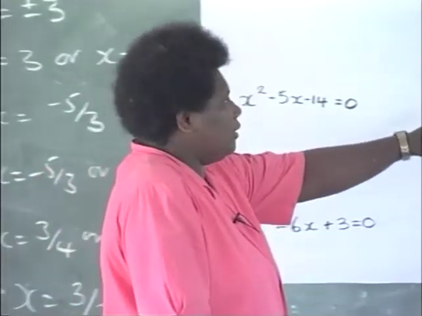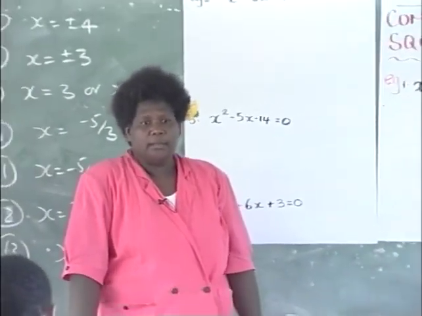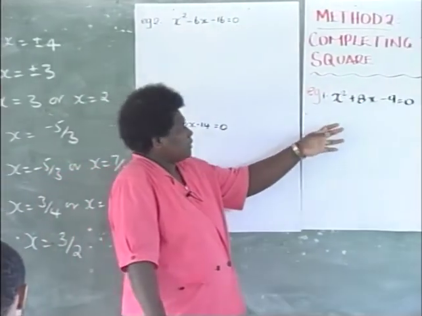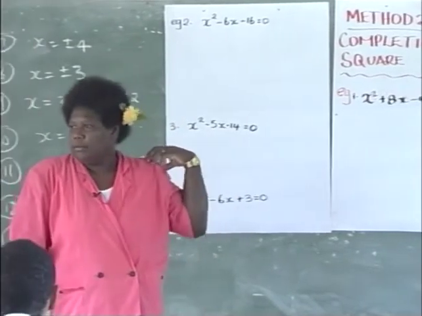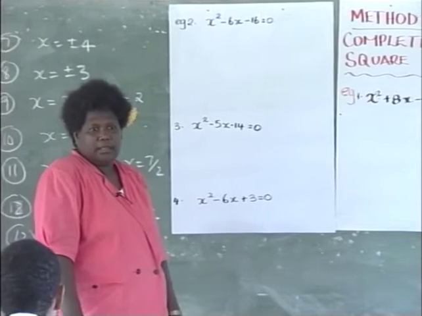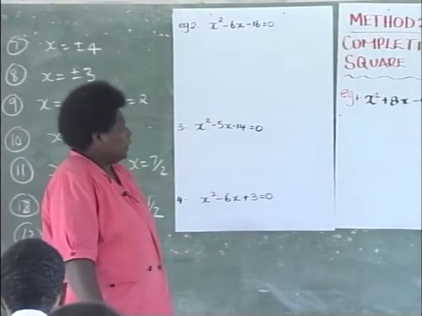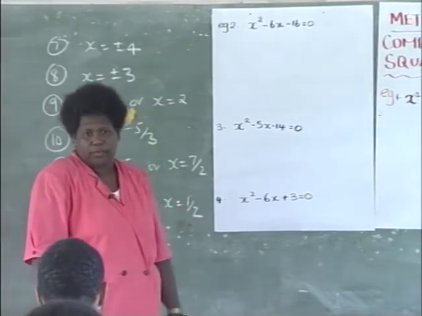Okay, this method is called completing the square. What I'm going to do to example 1 is solve that equation using factorizing first, and then I will do the same question this time using completing the square.